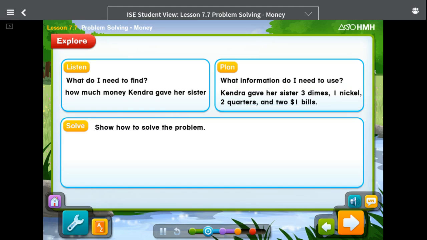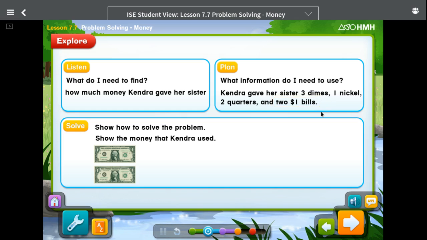All right, remember our tips and tricks. We'll order these dollar and coin amounts. Let's draw to show the money that Kendra used. We'll start with the bills first and then the coins from the greatest value to the least value. Kendra gave her sister 2 $1 bills. 2 $1 bills has a total value of $2. 2 quarters, a total value of 50 cents.